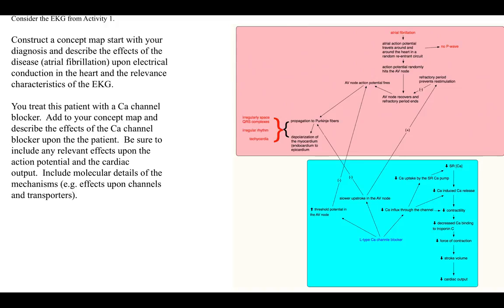Because you never get a depolarization of the entire atrium and then a repolarization of the entire atrium, you don't actually get a P wave. You just get this wave going around and around, and maybe you get an irregular little up and down if you look closely, but you never actually see a P wave, okay? That's because you never get a full depolarization of the atrium where a P wave might be generated.